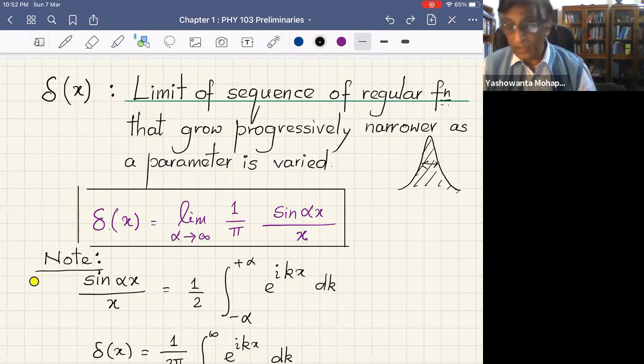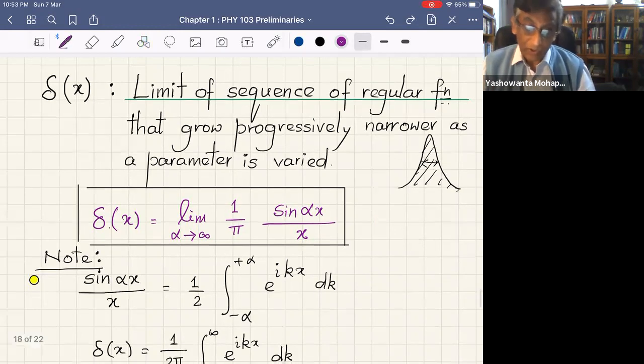So this is a sequence. You plot sine(alpha x) by x. I'm sure you have already done this in maths courses. It's very important in physics also. It goes like this. You try plotting that.